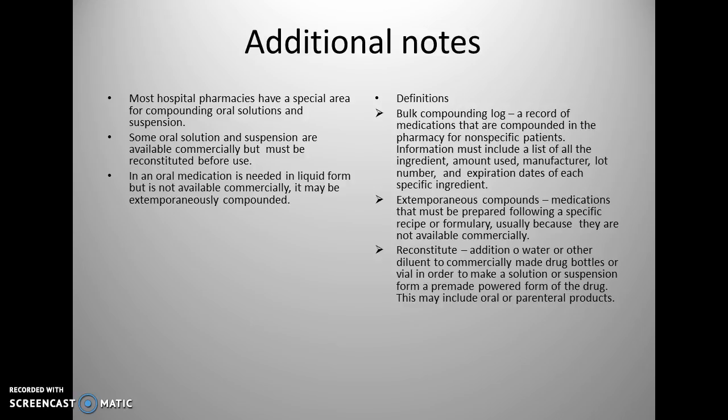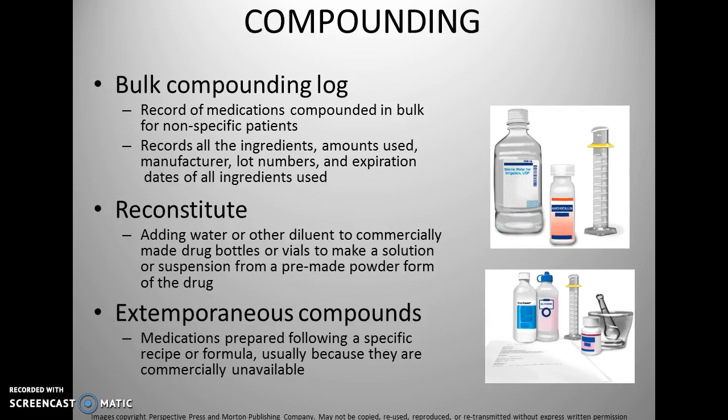These are important points so that you can understand that compounding can occur within a hospital and is usually done within the central pharmacy, and is a very important aspect of hospital pharmacy. So again, bulk compounding log: a record of medications compounded in bulk for non-specific patients.